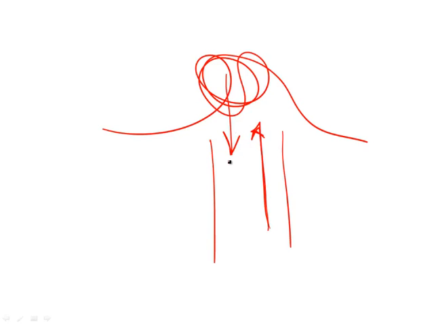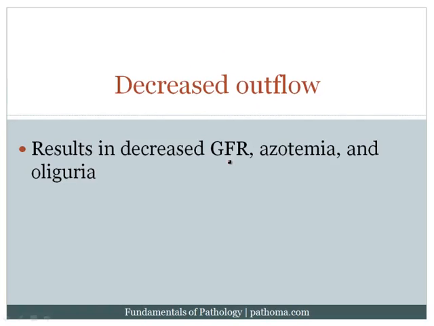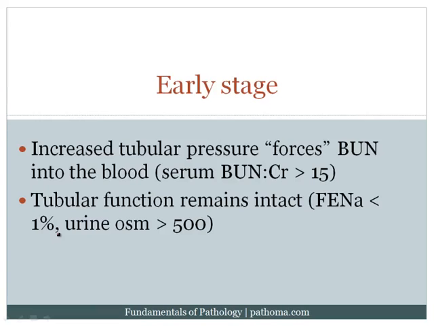If there's a decreased GFR, we'll also develop azotemia, as is stated here, because nitrogenous waste products will build up in the blood, and we'll also develop oliguria because, again, we won't be producing as much urine. Now, in the very early stages of a post-renal azotemia, there will be increased tubular pressure, which will force BUN back into the blood. And this is going to increase the BUN to creatinine ratio. Again, let's illustrate this.